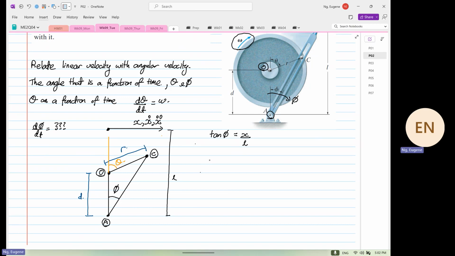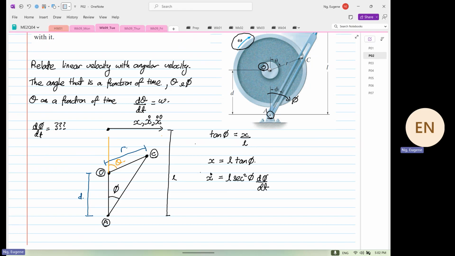So X is equal to L tangent phi. Now when I differentiate tangent phi, what do I get? Can you remember? Secant squared. L secant squared phi d phi over dt.